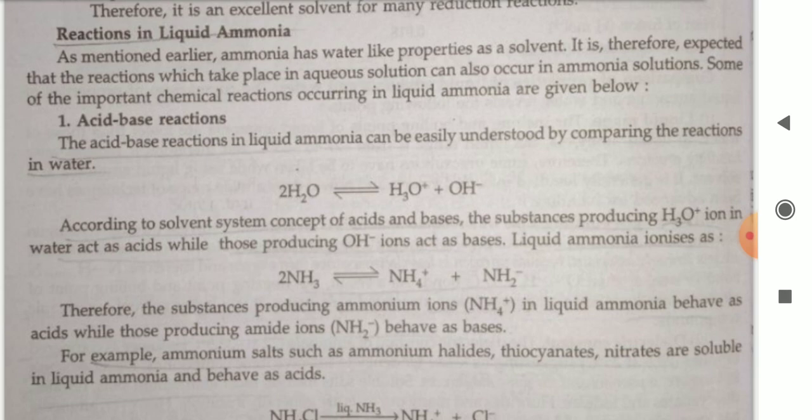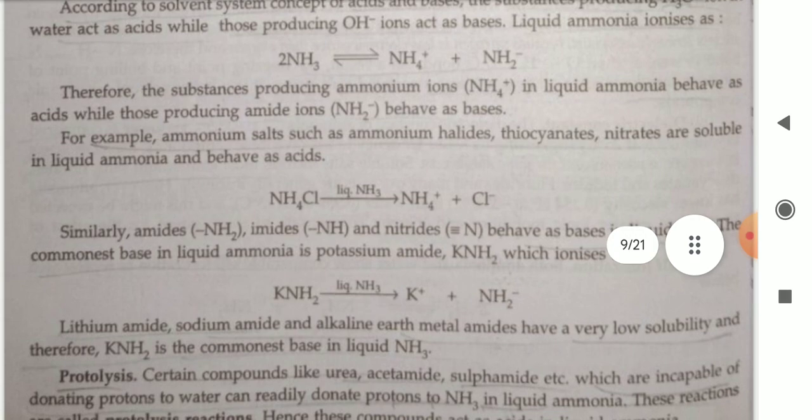Therefore, the substances producing ammonium ion NH4 positive in liquid ammonia behave as acids, while those producing amide ion NH2 negative behave as bases. For example, ammonium salts such as ammonium halides, thiocyanates, and nitrates are soluble in liquid ammonia and behave as acids. NH4Cl in liquid ammonia gives NH4 positive plus Cl negative.